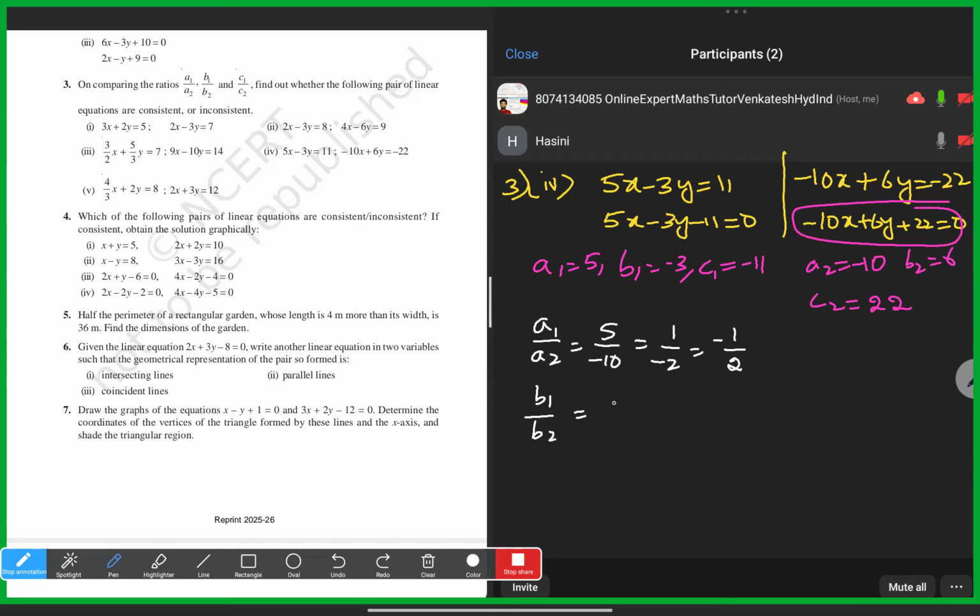B1 by B2, which is minus 3 by 6, which is minus 1 by 2. C1 by C2 is equal to minus 11 by 22, which is minus 1 by 2.